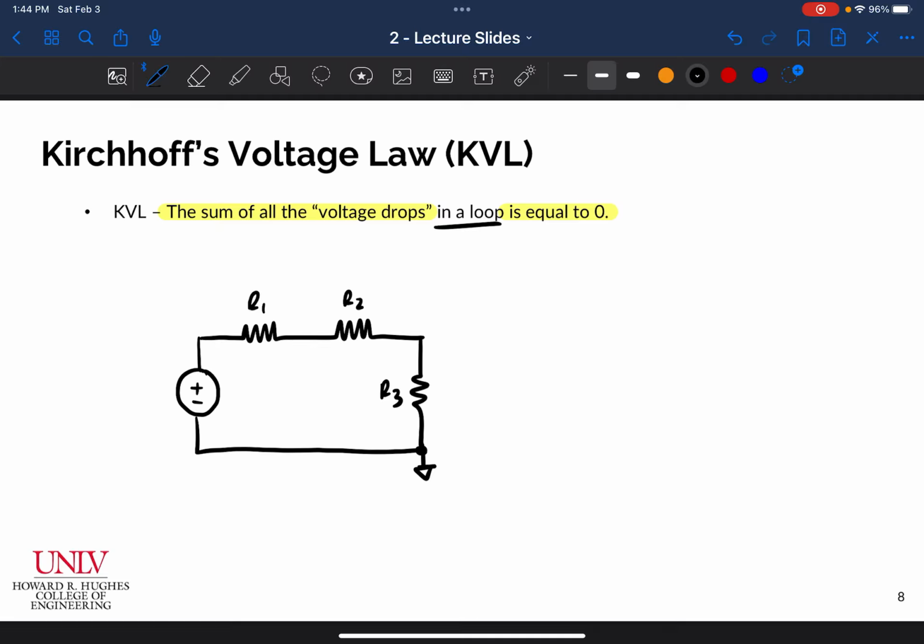Okay, so I know that because I have a voltage source here, current's going to flow in the circuit in such a way. And I've said this before, but I'm going to reiterate it: current always flows from higher voltage to lower voltage, okay? So at this point in the circuit, right here, my voltage is going to be the highest. That would be my maximum voltage.